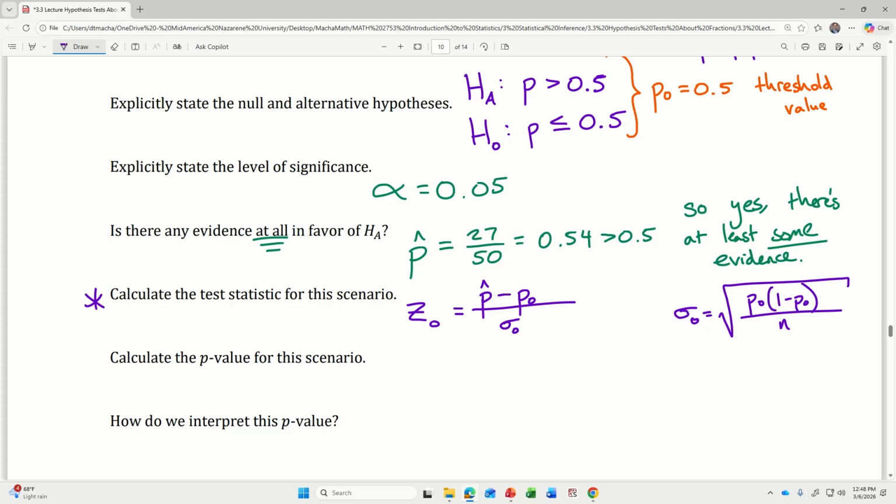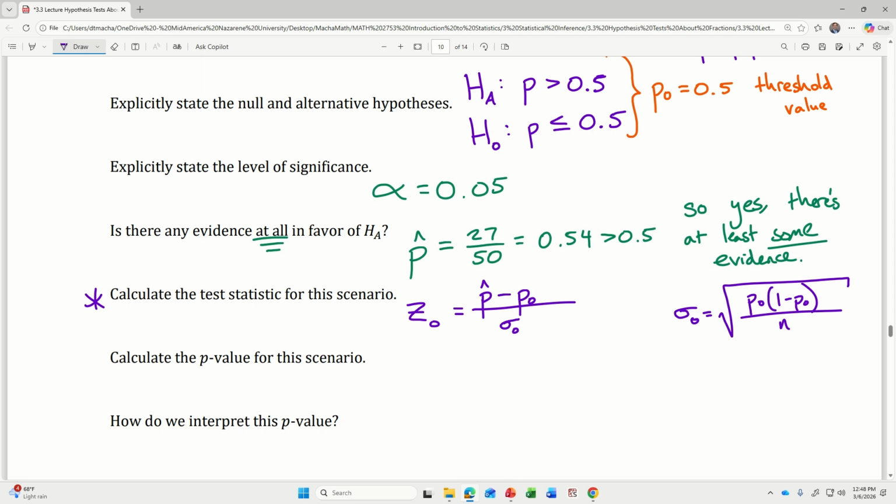And the standard deviation of the sample fraction was the square root of p times 1 minus p over n. And what p are we going to use? We're going to use the threshold value, the place where we switch from null to alternative hypothesis. That's the p0 that shows up here. That's what we're going to use to calculate the standard deviation.